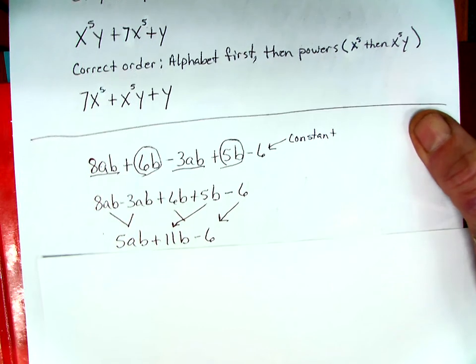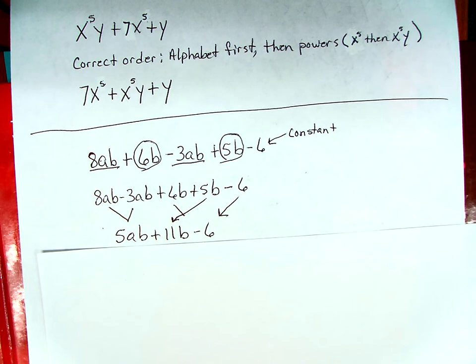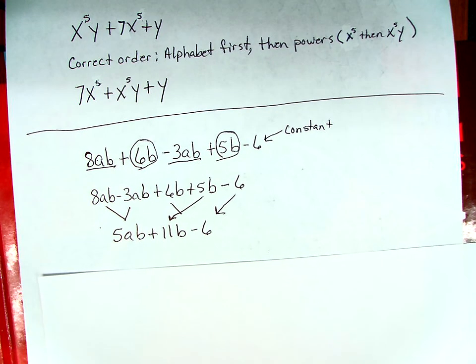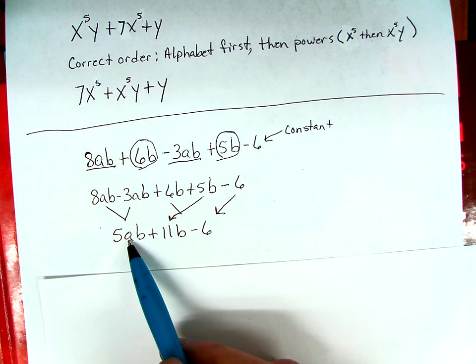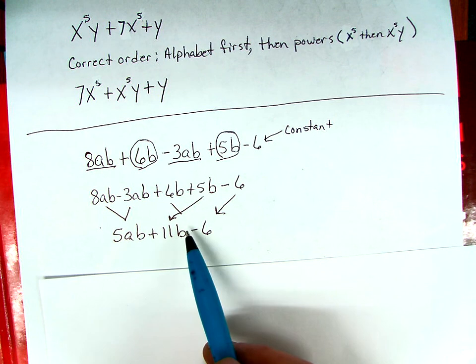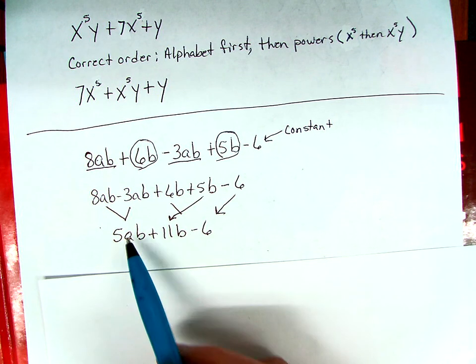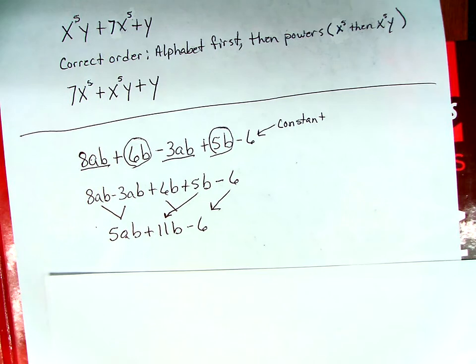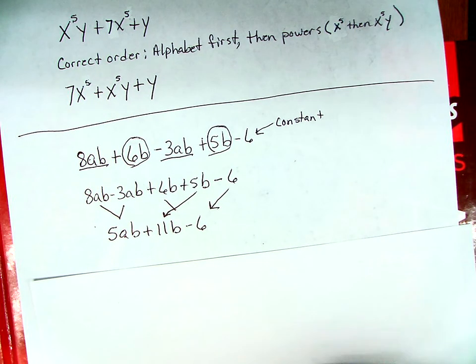Combine the like terms: 5ab plus 11b minus 6. And now, let's write it in the proper order. Alphabetical first, looky there. A comes before B, so this one would come first. Plus 11b minus 6. There you go.